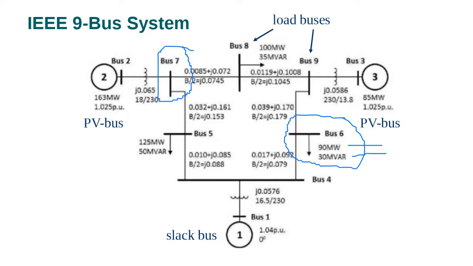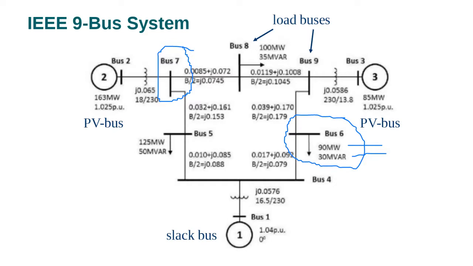Also, when you see in this 9-bus system, they're all connected together. It's like a ring, like a loop, although we draw it as a square like this one. So they support each other. Any load increase from any bus, other generators will take care of it. So maybe bus number 2 will be raised a little, and bus number 3 a little, and bus number 1.